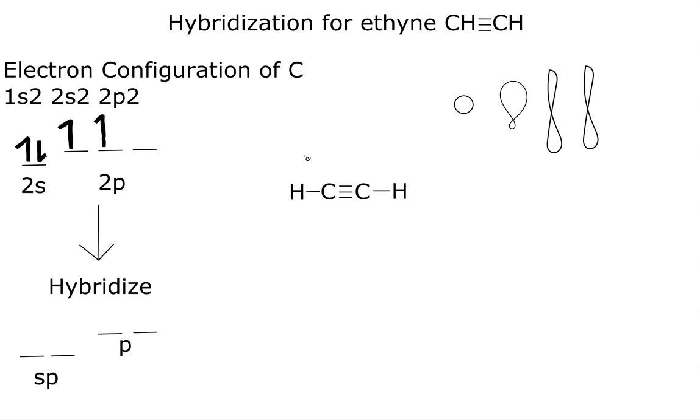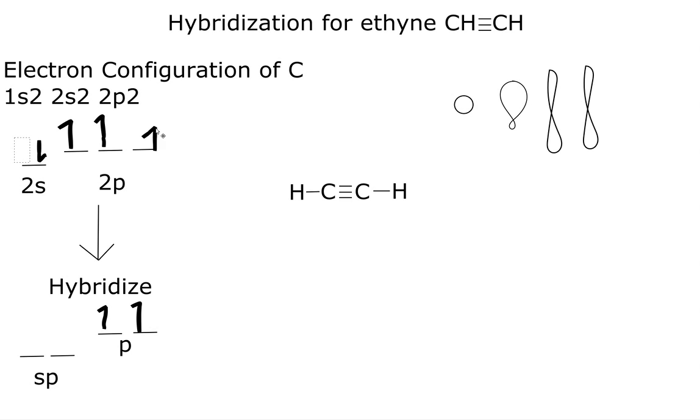So we need to have two pi bonds and a sigma bond. And pi bonds occur when there's p overlap. So immediately we should know that we're going to need two electrons in two p orbitals so we can create pi bonds. But what we're really doing here is we're going to bump one of these electrons, it doesn't really matter which of the two.